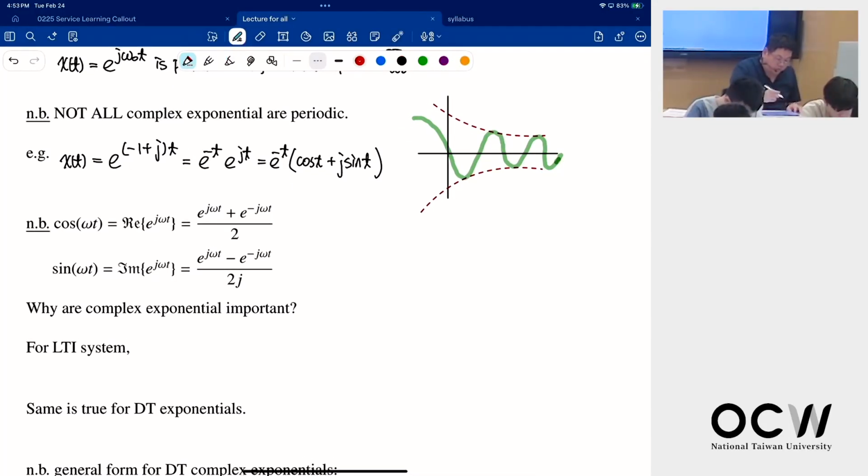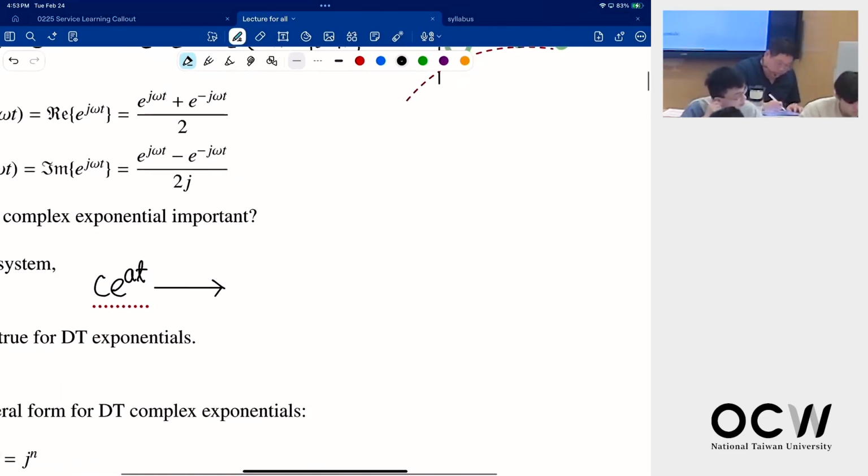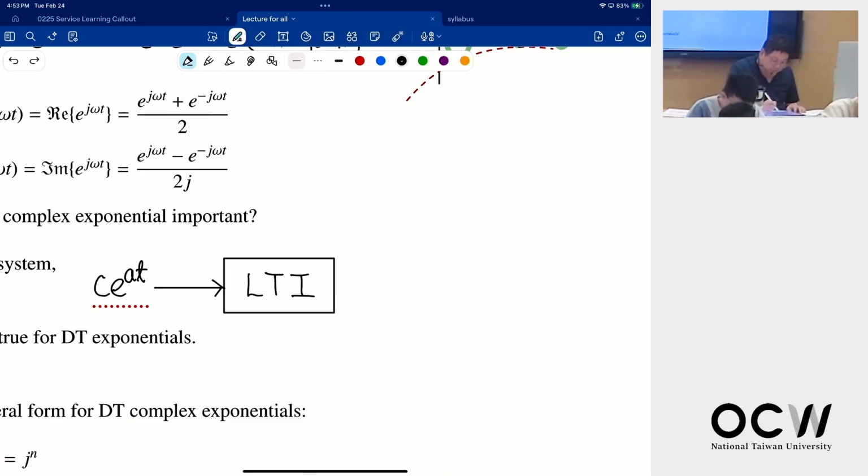Which means that if I have input c times e to the at going into the LTI system, if it is a complex exponential, you will still see the same shape, c e to the at, but with another constant k.